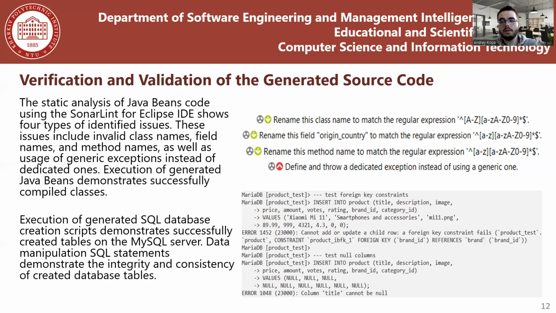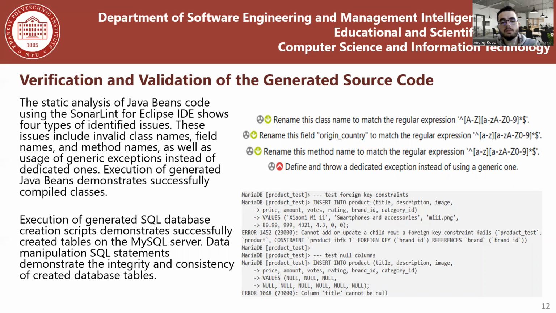But besides these code convention issues, the execution of generated Java beans demonstrated successfully compiled classes. And we used the MySQL server to check the generated SQL database creation scripts, and we obtained successfully created tables in the MySQL server database.